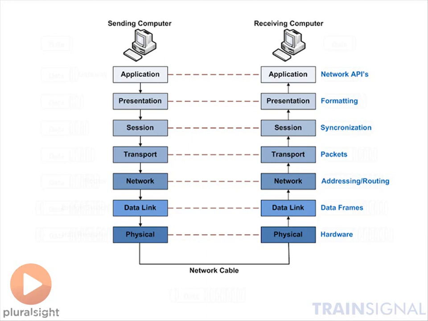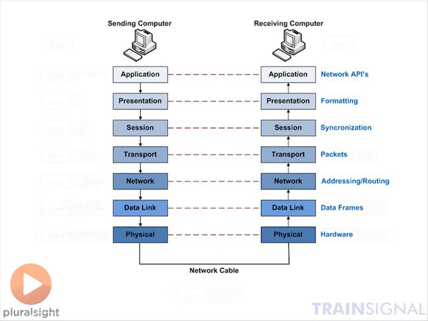Those dotted lines represent theoretical communication, meaning even though data is passed down through the OSI model on the sending side and up through the OSI model on the receiving side, theoretically what's happening is the application layer on one computer is communicating with the application layer on the other computer. And the presentation layer is communicating with the presentation layer. And the session layer communicates with the session layer, and so on and so forth.